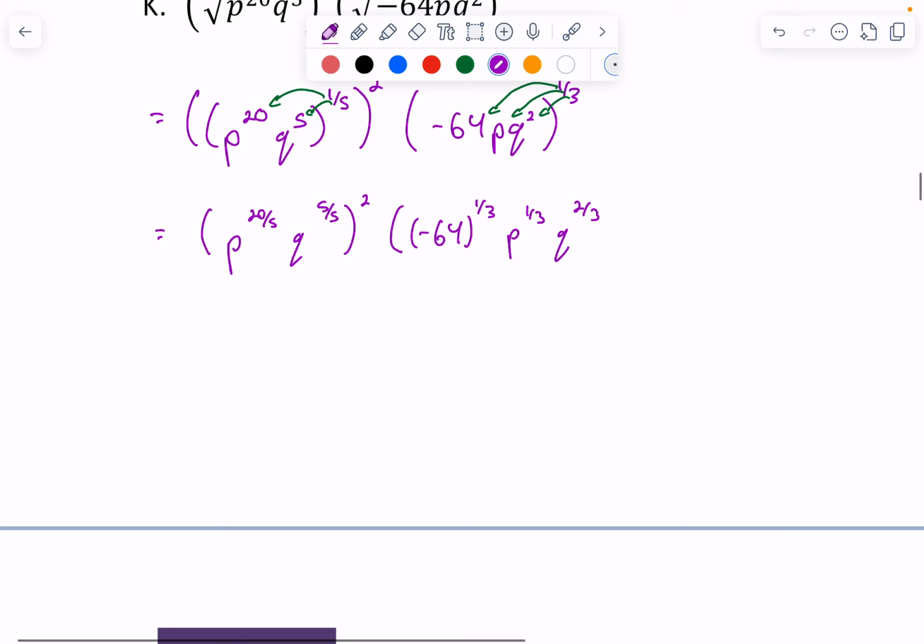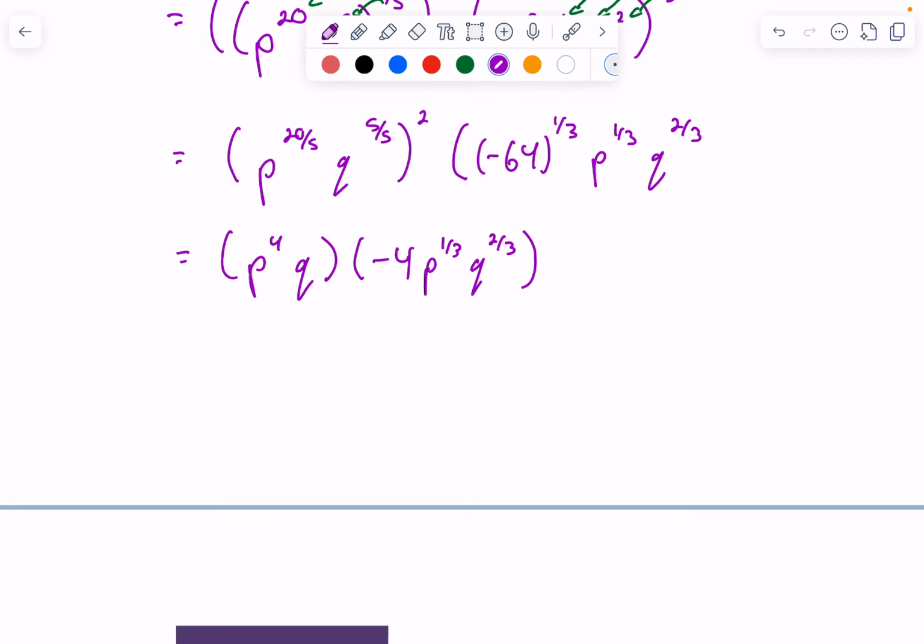Okay, so then we get p to the 4, q 1, and then we can reduce negative 64 put to the power third is negative 4, p third, q 2/3, and now these are all being multiplied, so we can just add exponents.